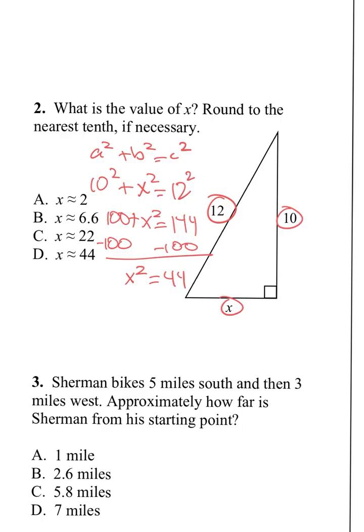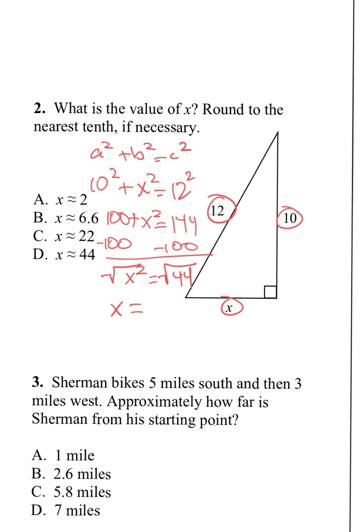Now we have to take the square root of both sides. A lot of you did not take the square root of both sides on your homework papers. Taking the square root and squaring a number cancels out, so I'm left with x all by itself.